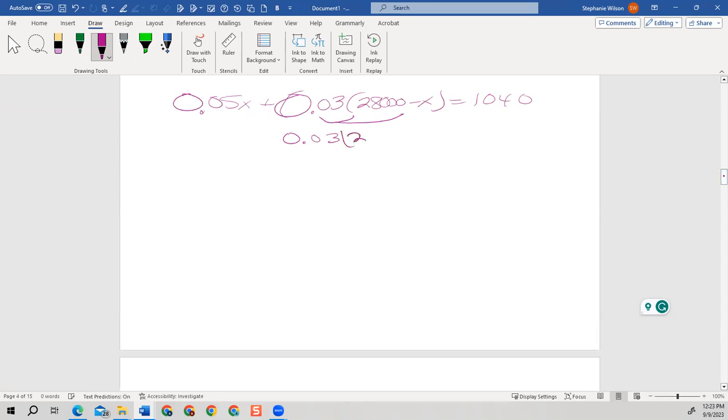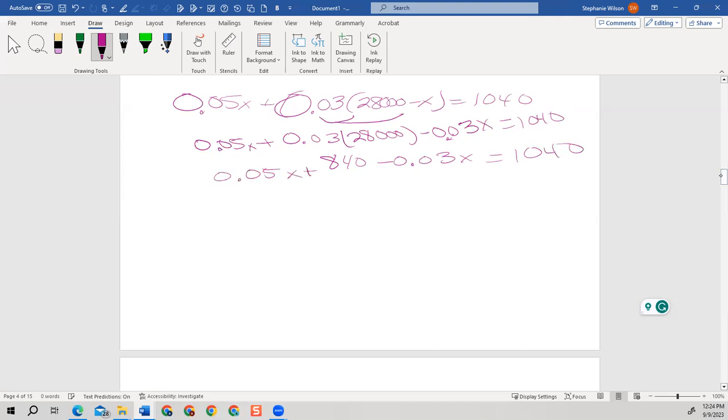And you could skip this step and actually just multiply it. Okay, so I got 0.03 times that 28,000, which is 840. And you could have put the X's together in this step here too, but I just did the extra step.